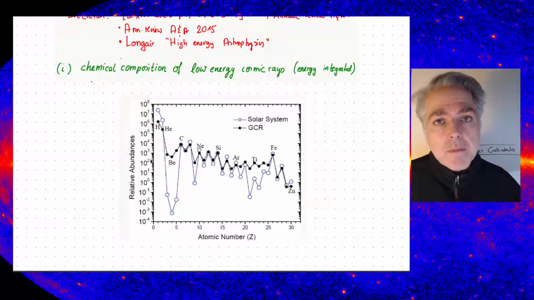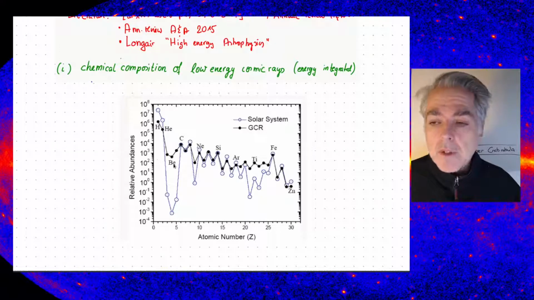There is, however, a much more natural explanation, which basically gives us a very good description of this. Let's assume that you have carbon, nitrogen, oxygen interacting with the interstellar medium.